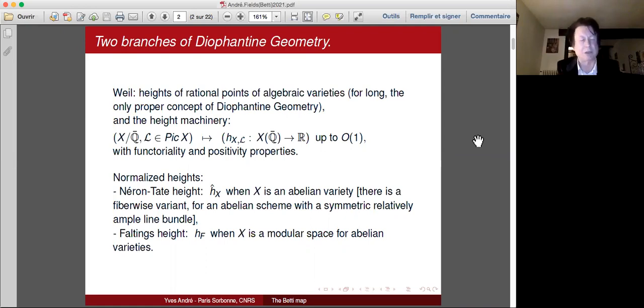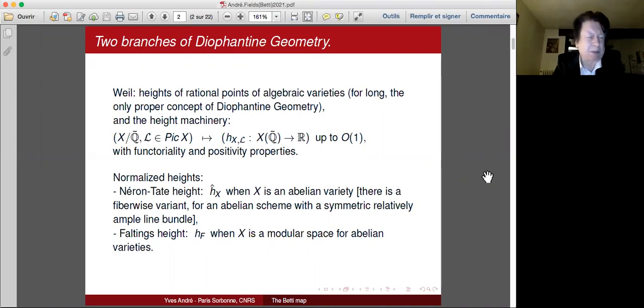You have an algebraic variety defined over the algebraic numbers, and a class of a line bundle on it, and you associate to this pair a height, which is kind of a function from the algebraic points of the algebraic variety X to the real numbers, but up to some bounded function. And this is machinery because there are many functoriality and positivity properties which are quite useful in this field.